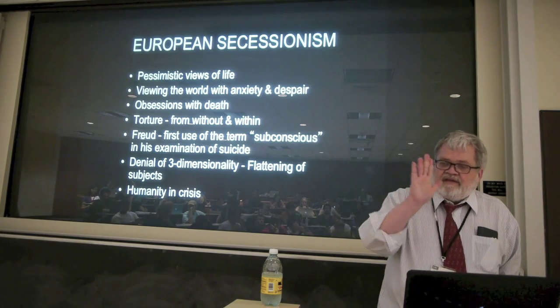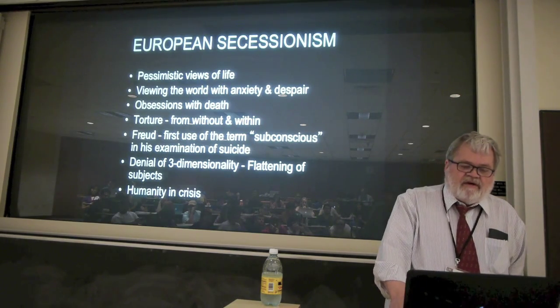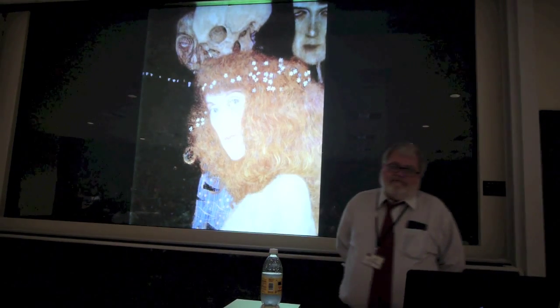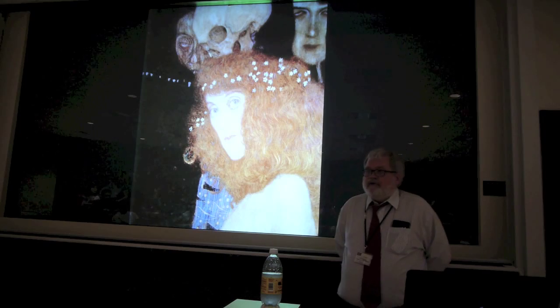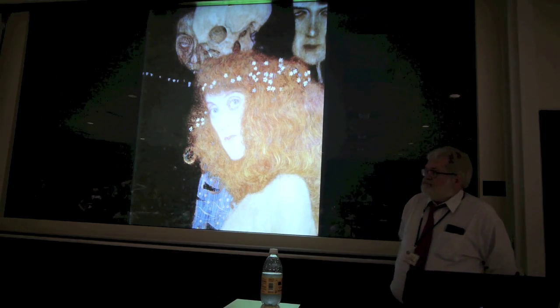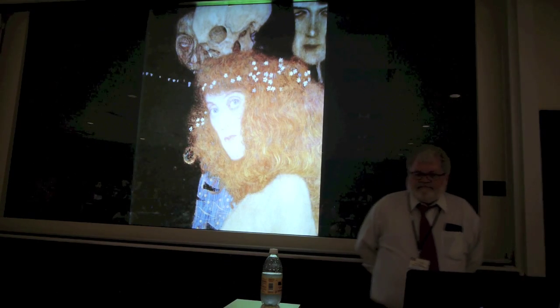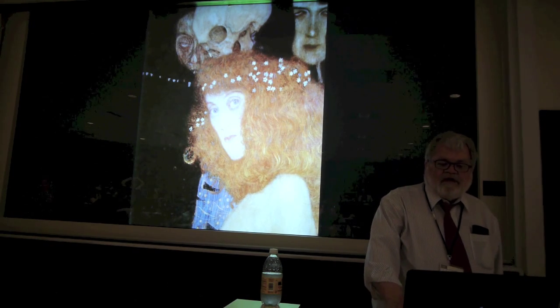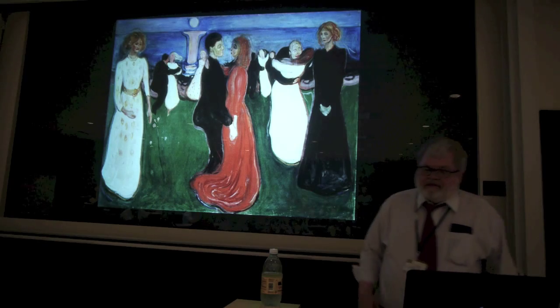There's a certain flattening as well, and humanity is very much in crisis. Take a picture by Klimt, for example. You really don't want to invite these people to your mixer. But that was considered a serious comment on society and culture at the time.